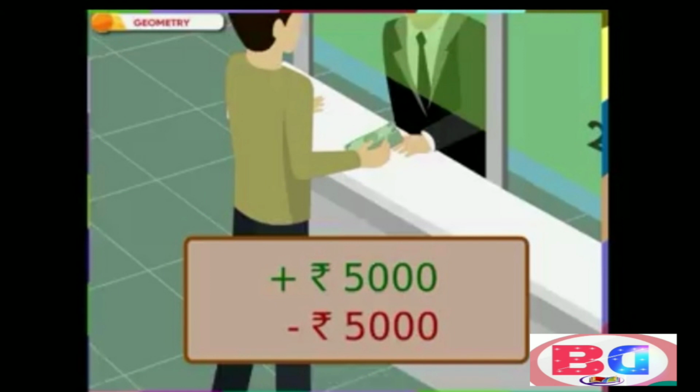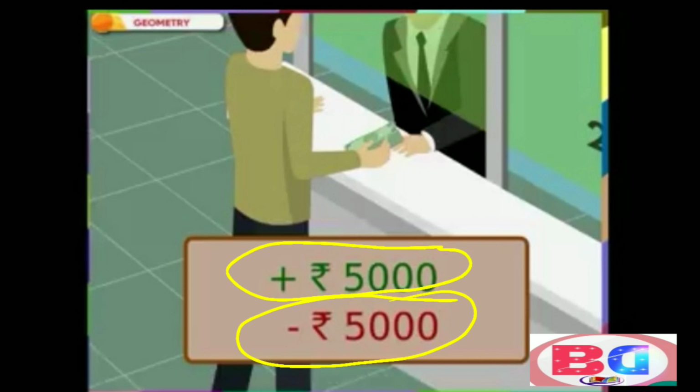Suppose you want to withdraw 5000 from your account, it is the indication that 5000 will be decreased in your account. So it is indicated by the negative sense. Then we can say that deposit and withdraw are the indication of positive integers and negative integers.